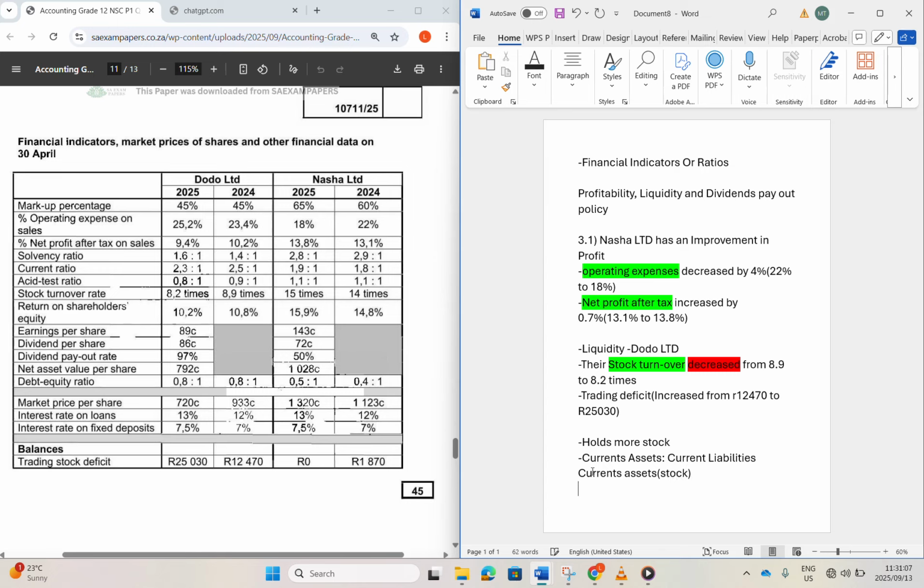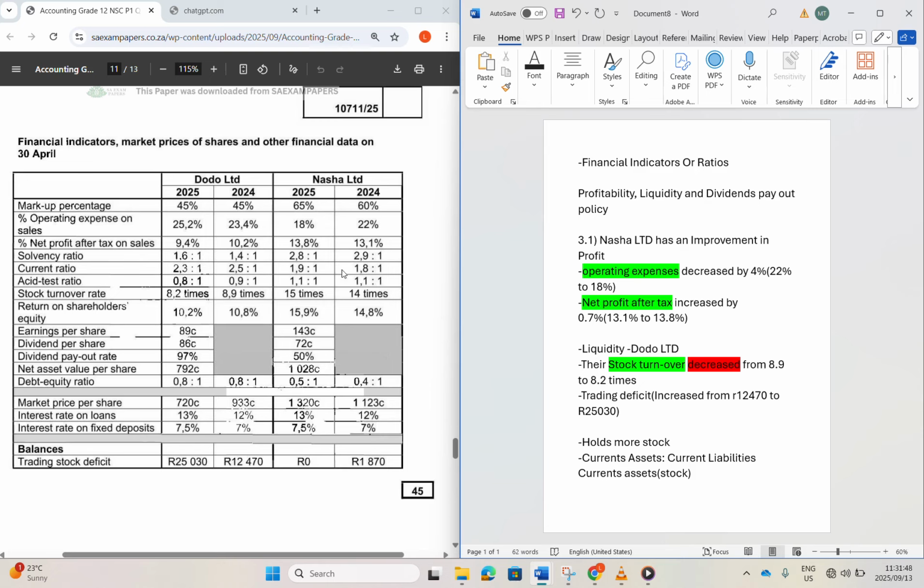We have stock. The current ratio for Dodo Ltd is 2,3 to 1, and for Nasha Ltd is 1,9 to 1. Since we have our stock, our inventory, inside our current assets, Dodo Ltd holds more stock compared to Nasha, because their current ratio is 1,9 and this one is 2,3.